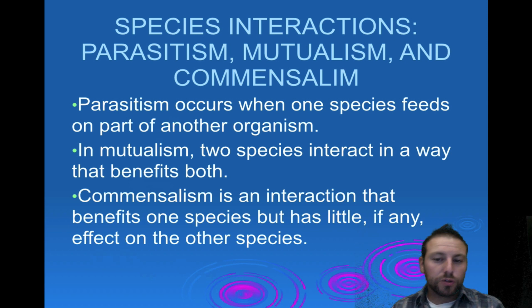In mutualism, two species interact in a way that benefits both, known as a win-win situation. And commensalism is an interaction that benefits one species but has little or no effect on the other species. We see this with different types of bacteria in our gut, and we see it with a number of different organisms where they're around us, but we have yet to discover any effect that it has on us.